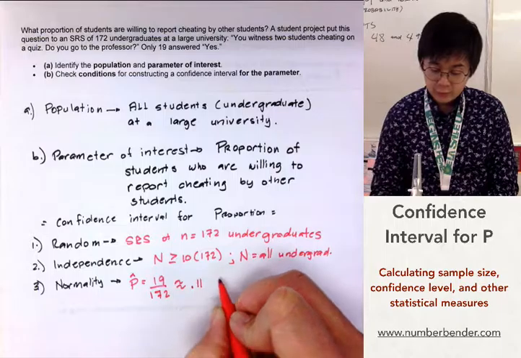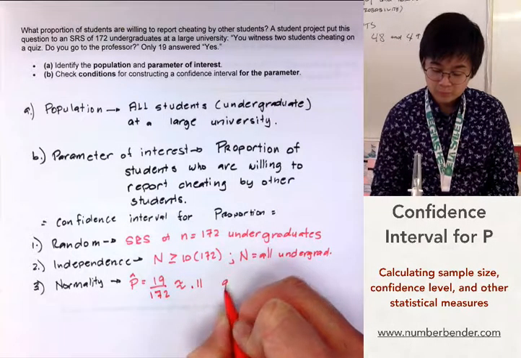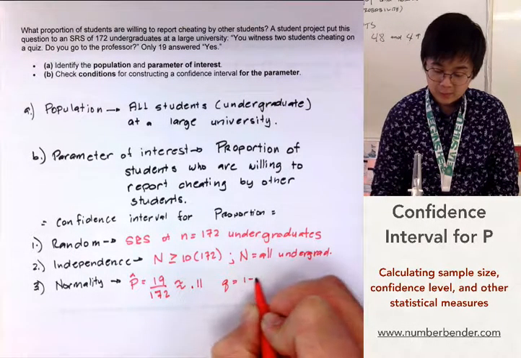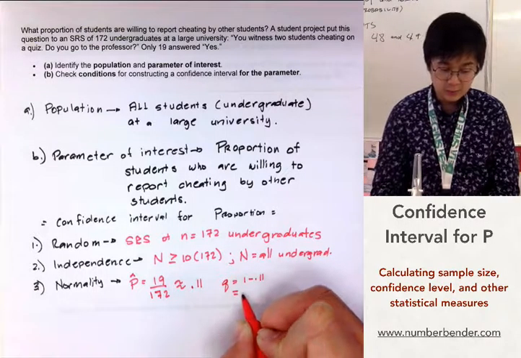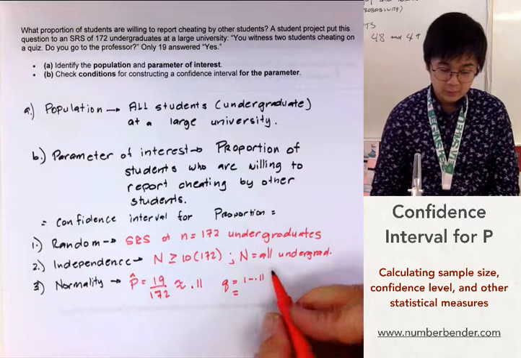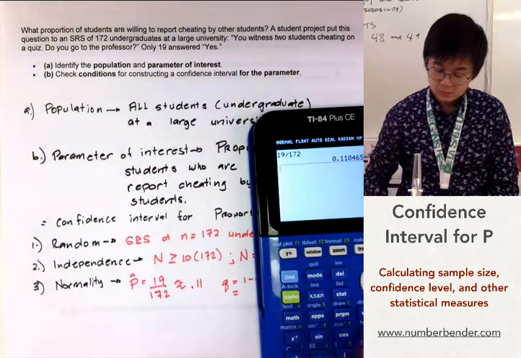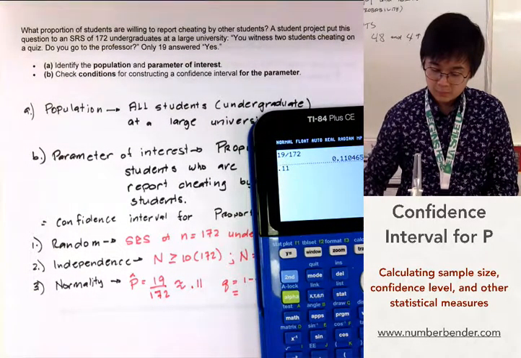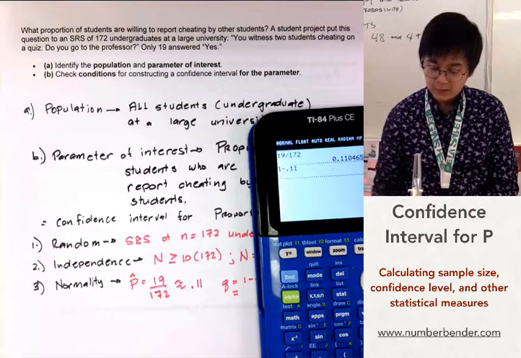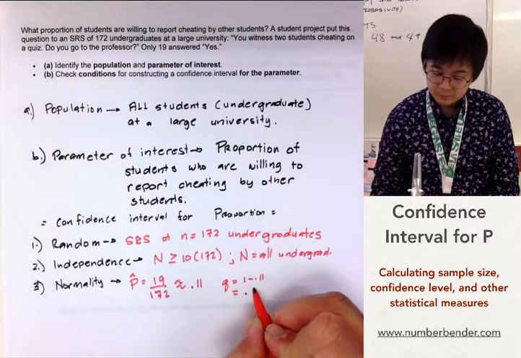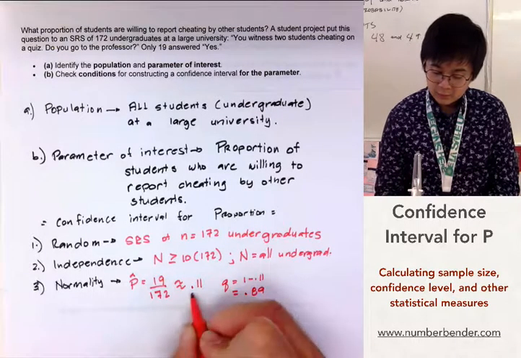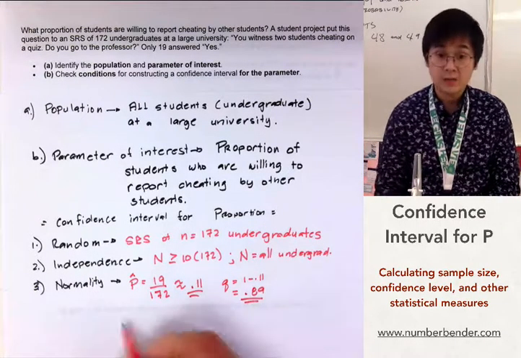So yung ating Q will be 1 minus 0.11, so it's equal to 0.89. So, ito yung ating gagamitin para sa normality condition.